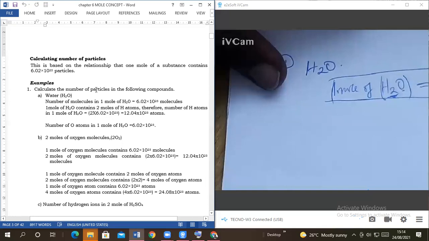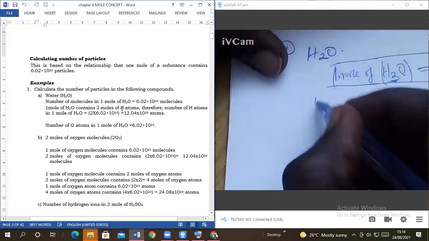But if they want the particles present in the following, in the water we have 2 hydrogen atoms and then oxygen. We also have to find the number of particles present in the hydrogen atoms and oxygen atoms. That's why they say 1 mole of water contains 2 moles of hydrogen atoms.